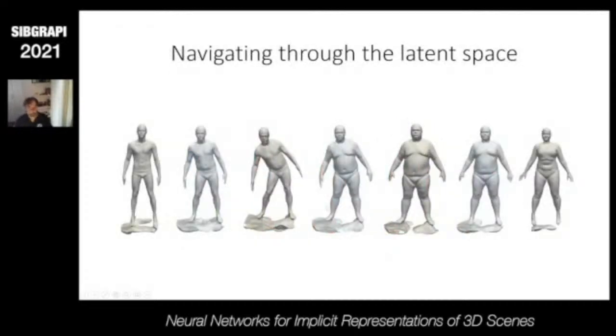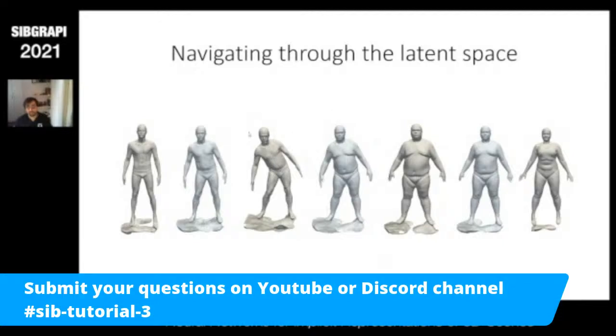As we can see here, using IGR, it's possible to interpolate the latent vectors and navigate through the latent space. For example, here we have this gray model, which is a result of the interpolation of its neighbors. So what they do here is they took some latent shapes, for example here A and B, and they do the average and reconstruct the model.